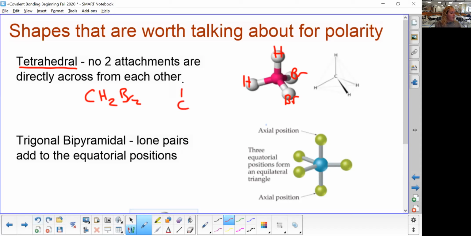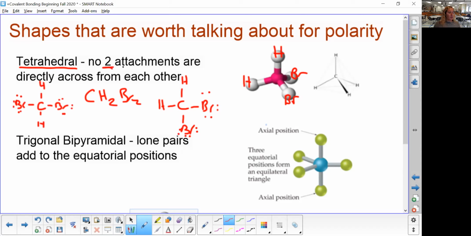If you do the Lewis structure, and you have H2 and Br2, the Lewis structure can make it look like it can be symmetrical. Or if you were to draw it putting the H's opposite of each other, it looks like it would balance out, but this would be a polar molecule.